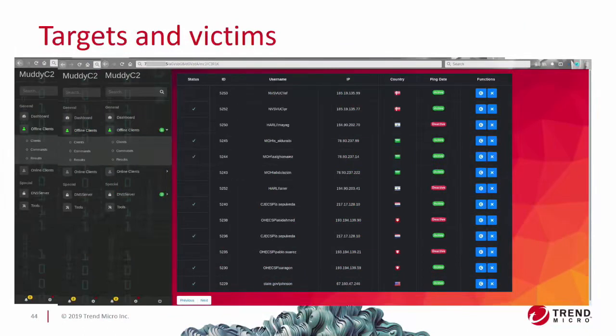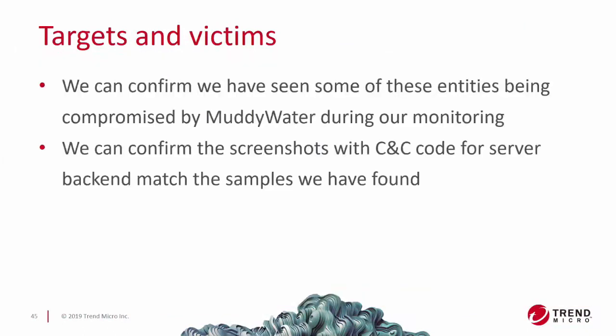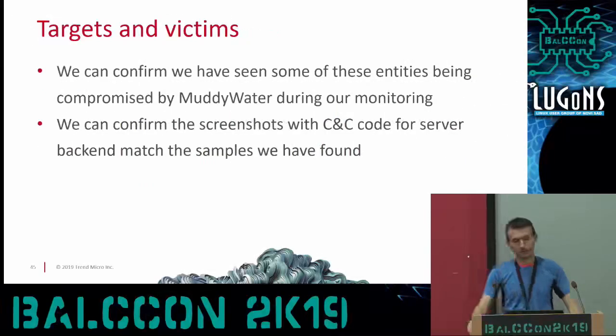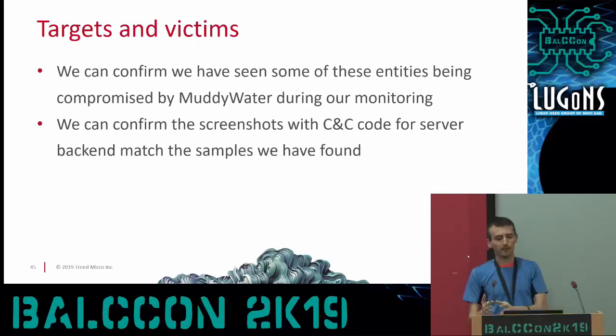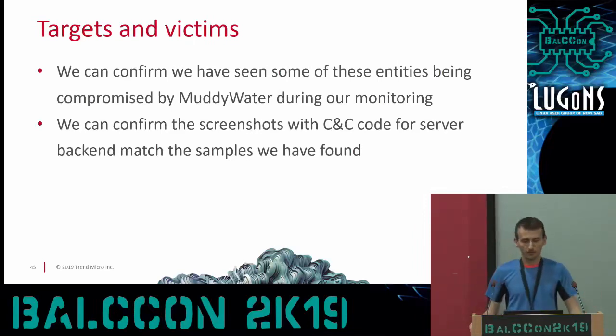We looked into these screenshots and also at our monitoring, and we found some overlap: we have information about some of these victims as well. So we can say that these screenshots and leaks are legitimate. It's not made up. We also found similar results.